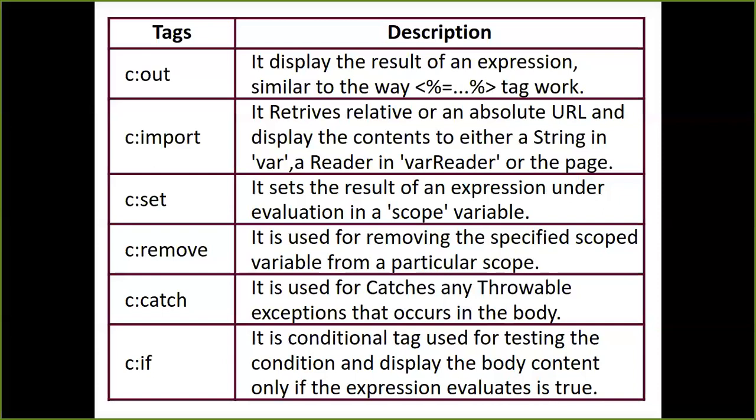You can consider that the five main tags we just saw in the previous slide, core tag, function, formatting, XML and SQL tag, are five libraries, and in each library we have a certain number of ready-made tags which we can make use of for a specific task we want to perform in a program. So the core tag is one library, and a number of tags are present inside it.